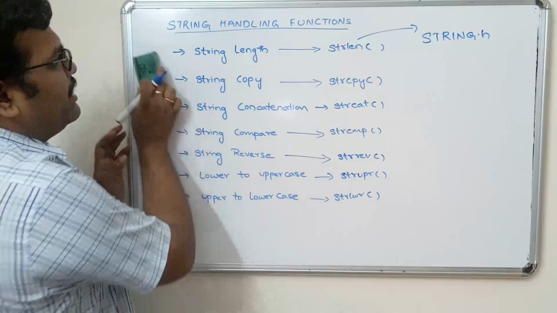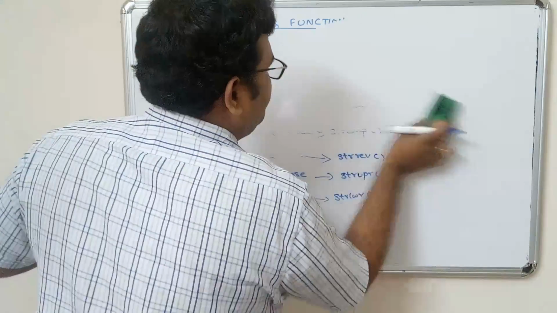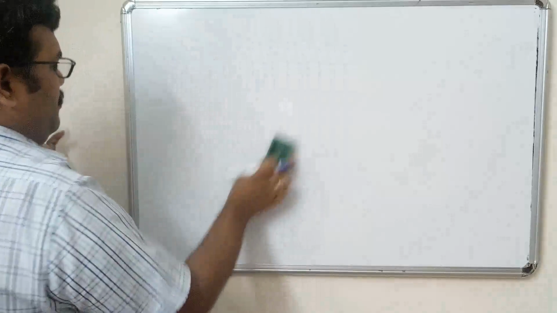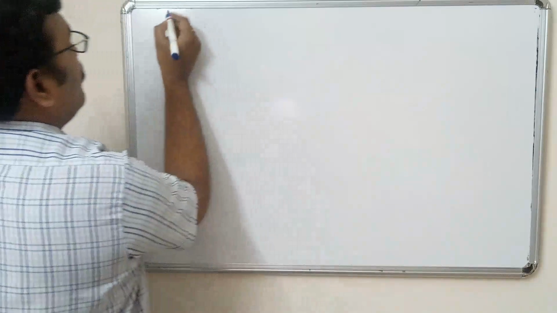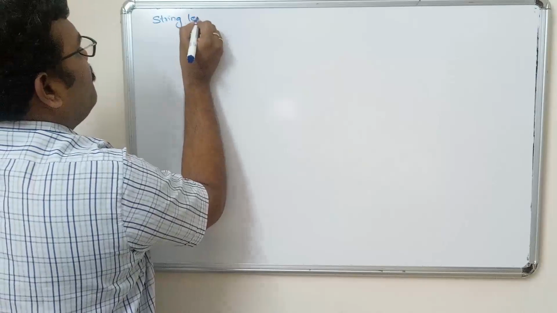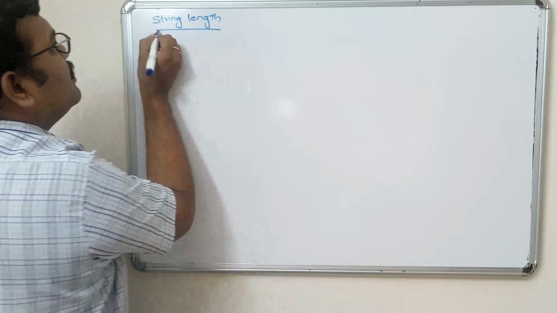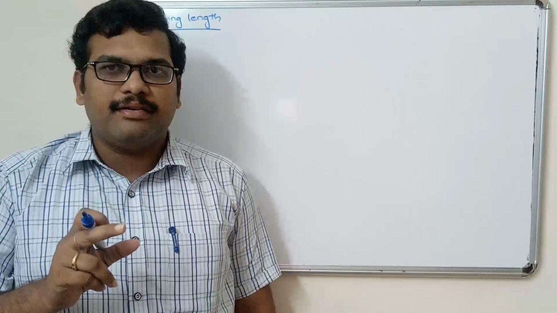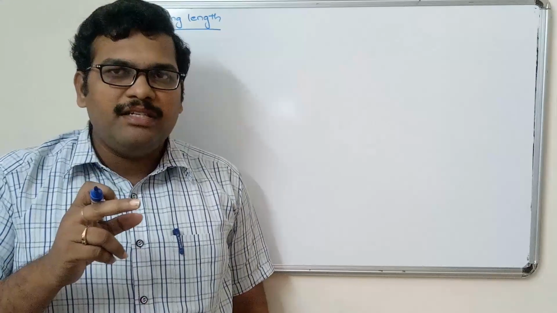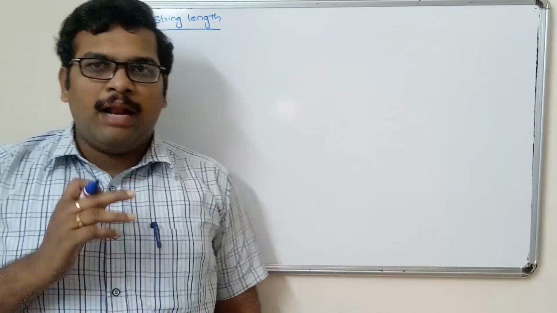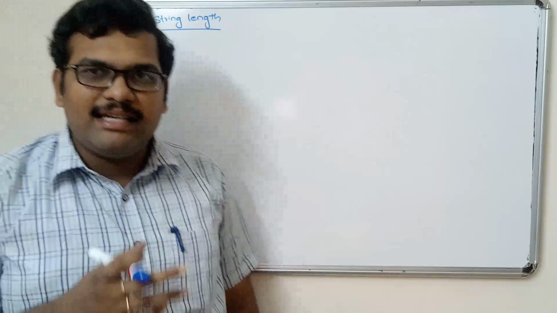So coming to the string length. String length, the name itself indicates it will return a length. The length means the number of characters in the given string. The number of characters is an integer data type.